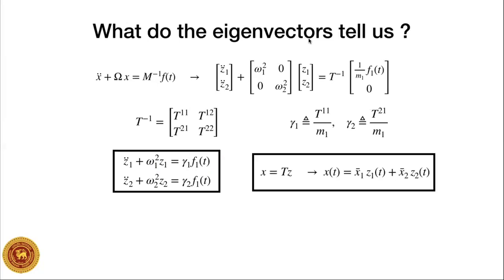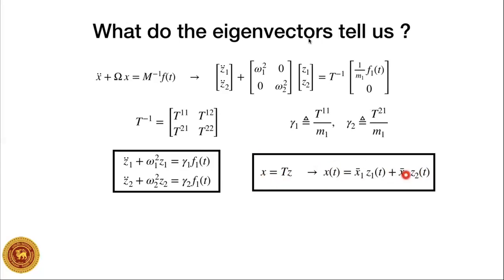So in terms of the original coordinates, since the original coordinates are equal to T times z, if you expand this matrix multiplication, it is given by that. Since T has columns x1 bar and x2 bar, and z is z1, z2, you multiply that, you get this. So this is nothing but an expansion of this.